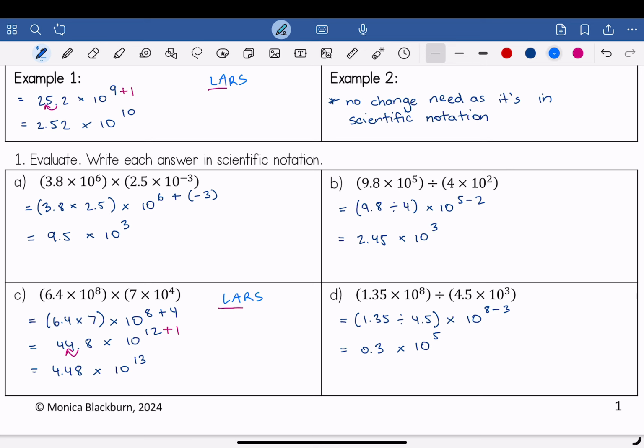We notice that this is not in scientific notation because we can't have a 0 in the ones place. It has to be a number between 1 and 10. So if I write LARS, I'm going to have to move this decimal place one space to the right. From moving to the right, we're going to subtract from the exponent. Therefore, this is equal to 3 times 10 to the power of 4.